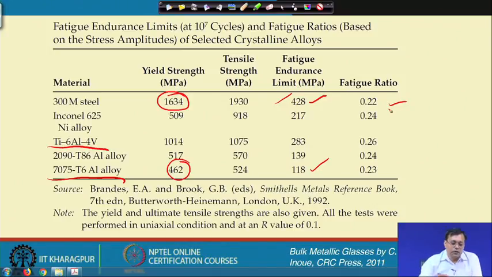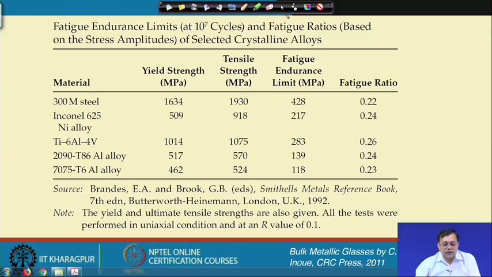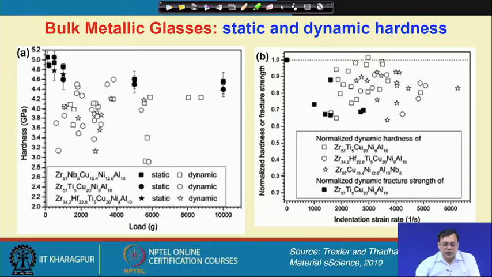So, for a 10 to the power 7 cycle fatigue endurance and fatigue ratios, we can get a much higher stress amplitude in the case of a metallic glass. And definitely this material could be used at much higher fatigue ratios.